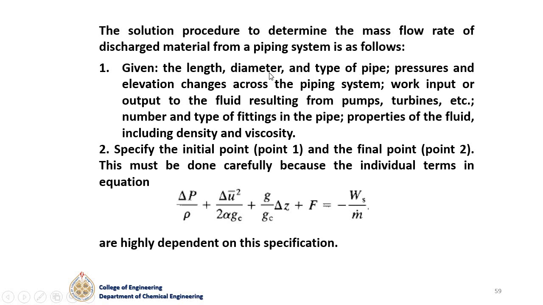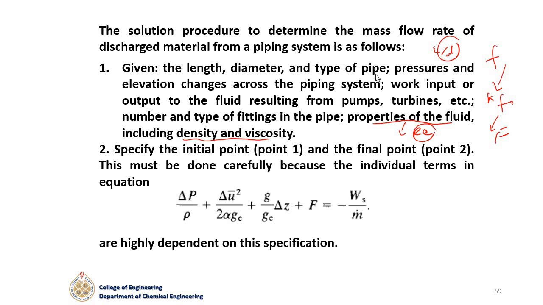From the type of pipe and the diameter, I can know what E over D is. From the density and viscosity, the properties of the fluid, I can get the Reynolds number. From the Reynolds number and E over D, I can get f. And from f, I can get Kf, and from Kf, of course, I'm going to substitute to get C0, and so on.